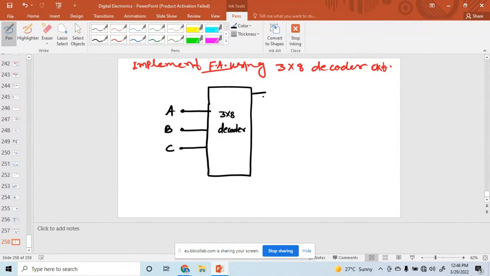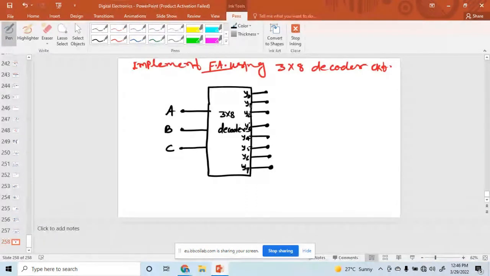Y0, Y1, Y2, Y3, Y4, Y5, Y6, and Y7. So this is the total output.